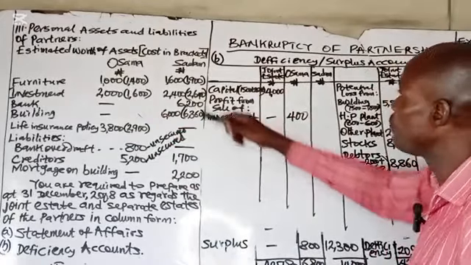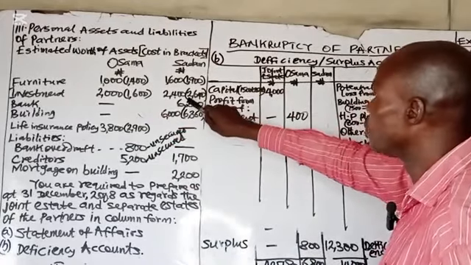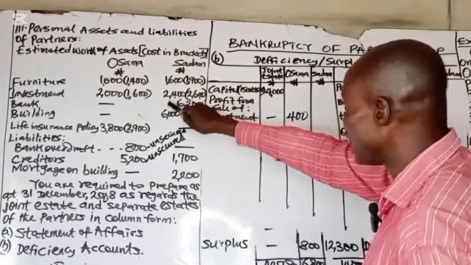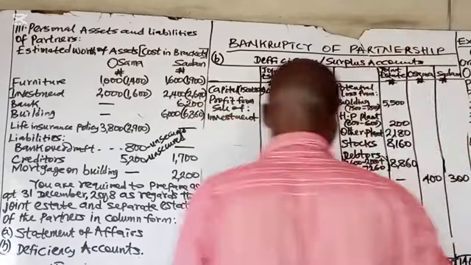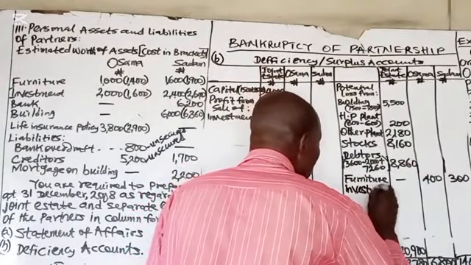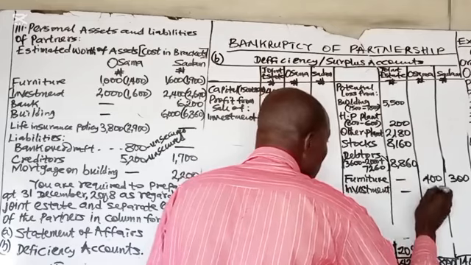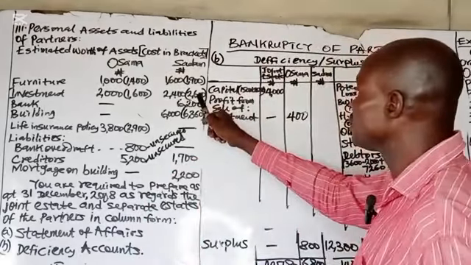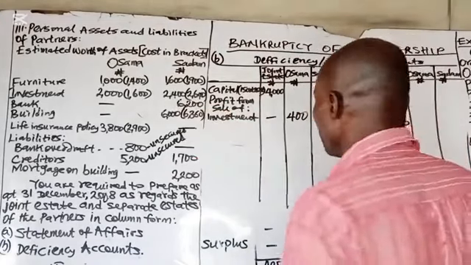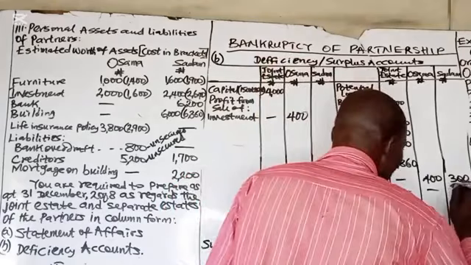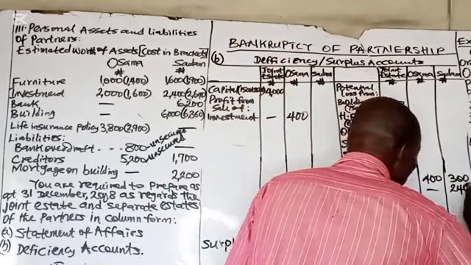But that of Saddam will lead to a loss because the cost is greater than the realizable value. Loss from sale of investment, 2,640 minus 2,400. That will give us 240. Loss of 240.